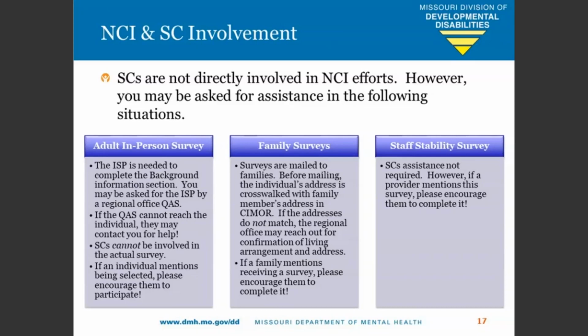However, if you hear a provider say that they have received one, please encourage them to complete it. Because again, we need as many surveys as possible.